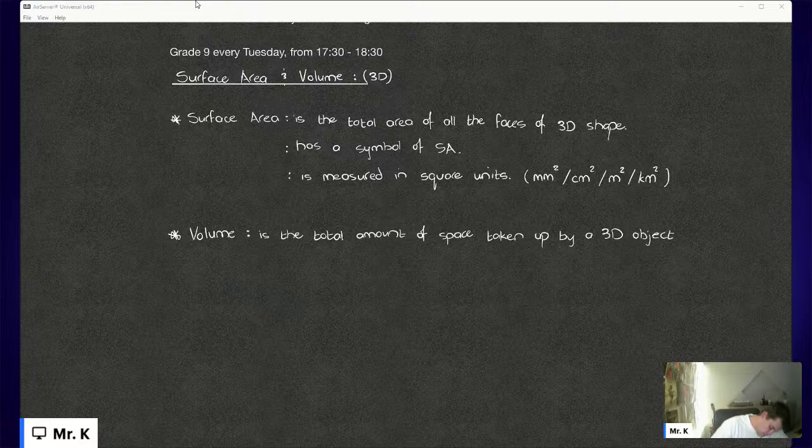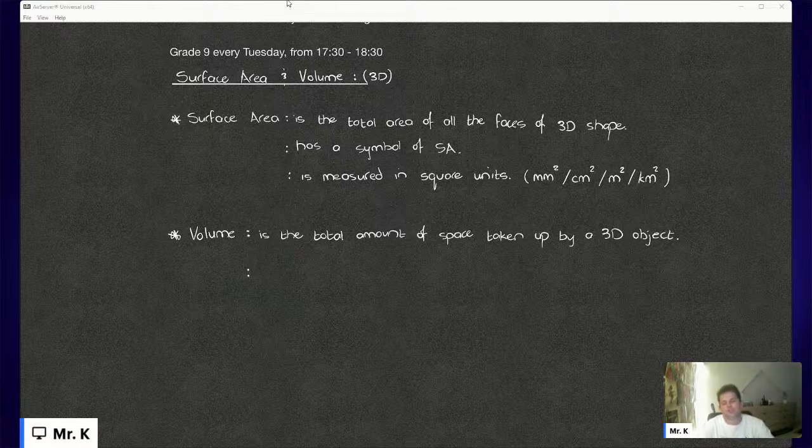So, for example, when I look at something like a cereal box, grade 9s, we're discussing what we call a rectangular prism. If I'm looking at a rectangular prism and I want to know what the volume of this rectangular prism is, I'm trying to ask myself, how much space does this shape take up in my 3 dimensions? That's why we are working with 3D objects.